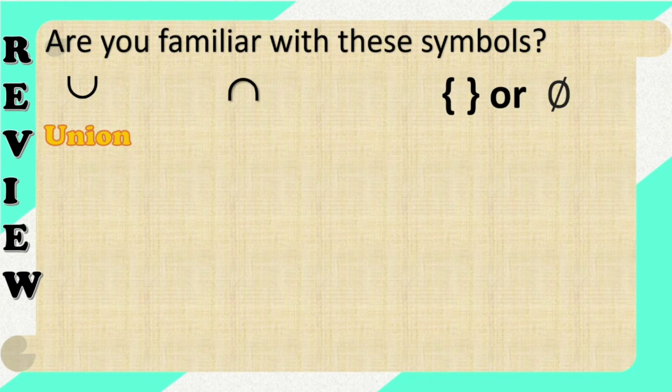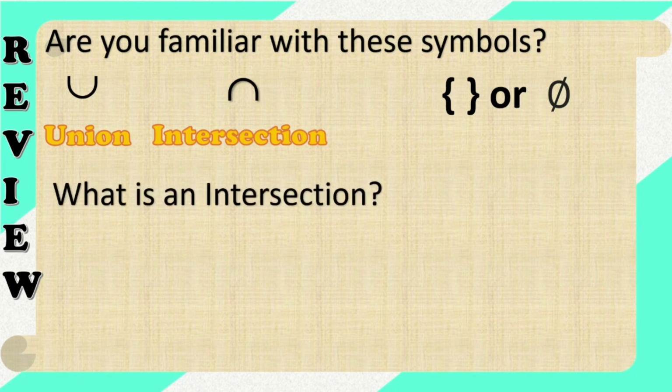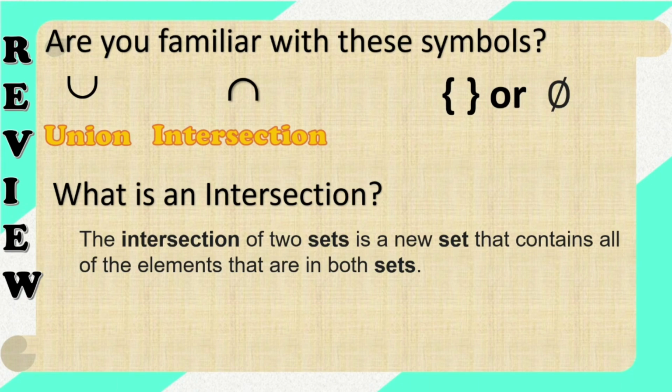How about the second symbol? Okay, that is an intersection. What is an intersection? The intersection of two sets is a new set that contains all of the elements that are in both sets.